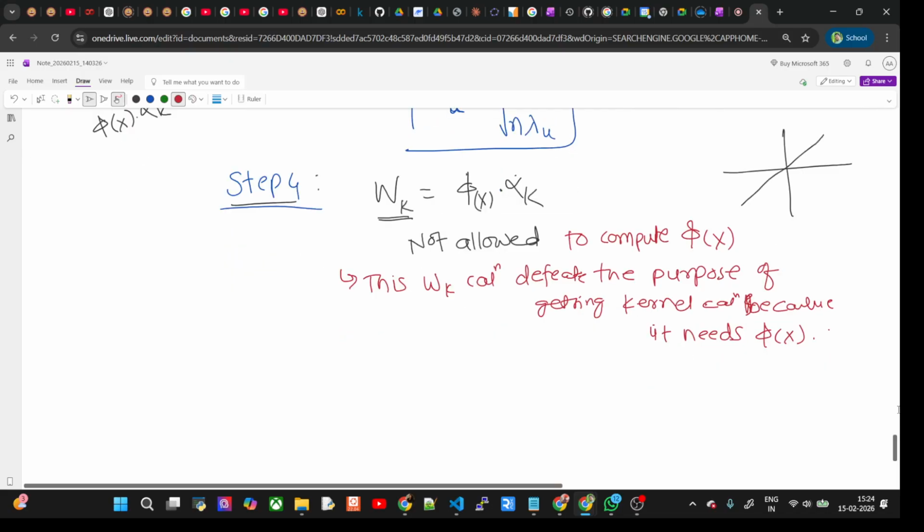Now see, this wk is the eigenvector. This is the important part, guys, which I am now explaining. This is the important part of kernel PCA and our normal PCA. We are trying to get wk every time. We are saying I want wk because this line I want to draw. That's okay if you are doing PCA. But PCA is not the one operation; it is just a kind of pre-processing.